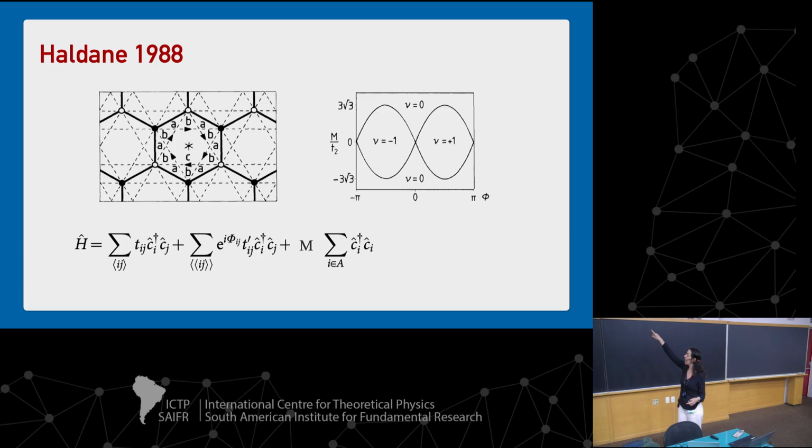You have second-nearest neighbor hopping, so between whites or between blacks, with a complex phase phi. And you have some M, which is an on-site energy that is different in either one of the sites. And the phase diagram is just like this one here, where nu equals 0 is the trivial phase, and nu equals plus or minus 1 is a topological phase.